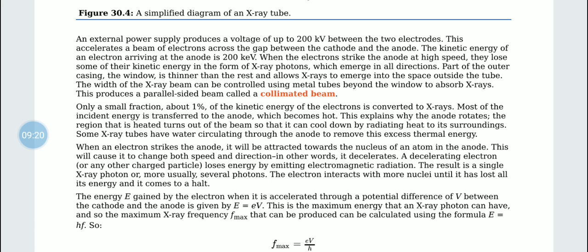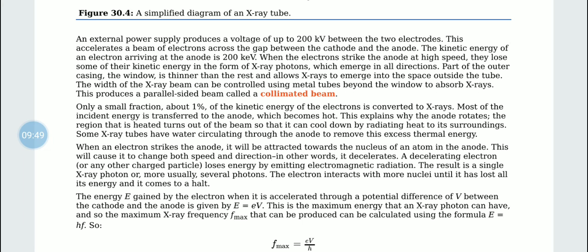Any decelerating charged particle will lose energy by electromagnetic radiation. So kinetic energy has to be given away, because it does not disappear simply. This is what results in an X-ray photon, or usually several photons.